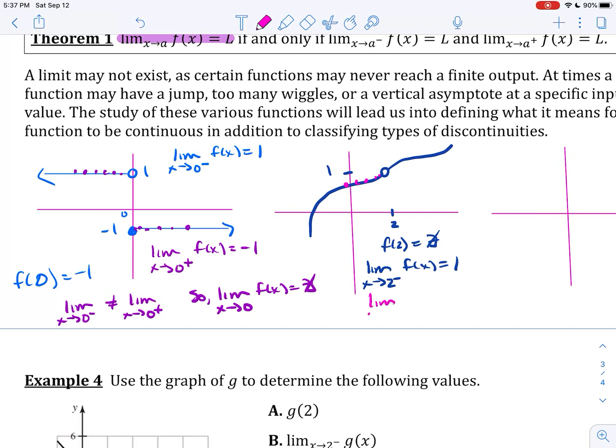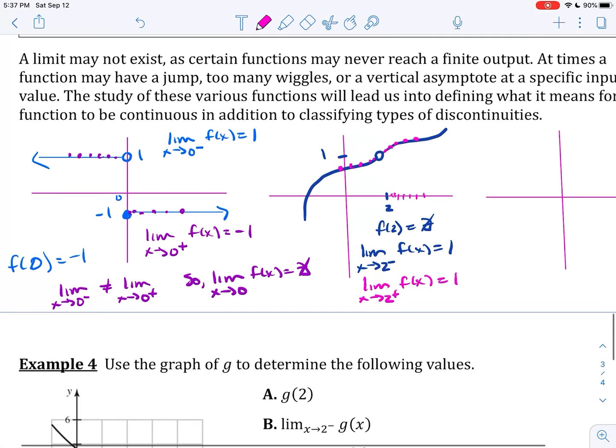The limit as x approaches 2 from the right of f of x, so we're taking values that are getting closer to 2 from the right and looking at our function outputs, they also equal 1. And so because the limit as x approaches 2 from both sides equals the same value, the limit does equal 1.